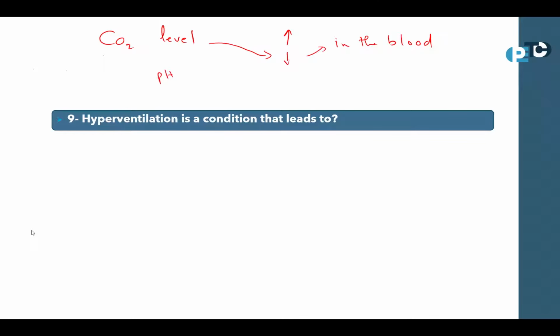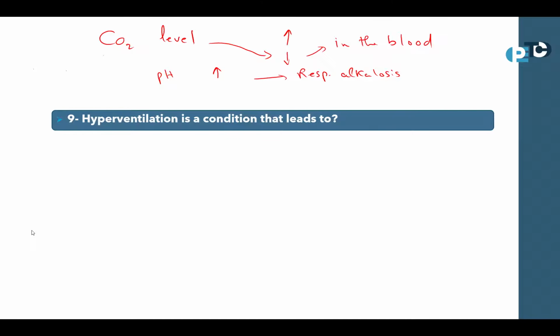The blood becomes more basic or less acidic, so there is an increase in pH and an alkalosis. We call this a respiratory alkalosis because the main cause is the lung.